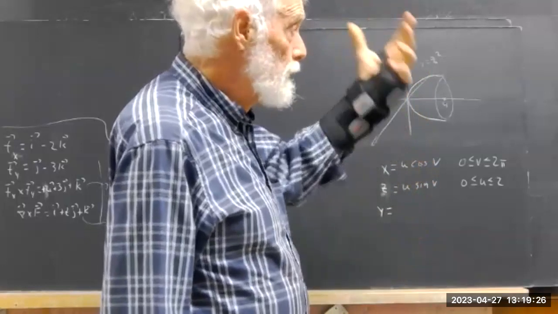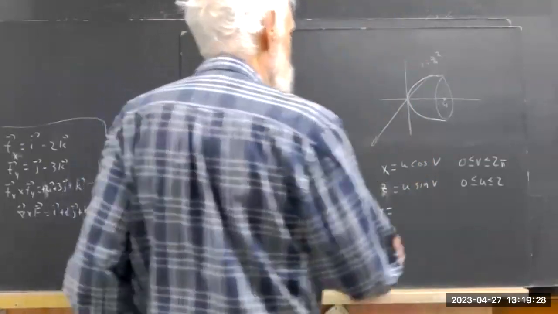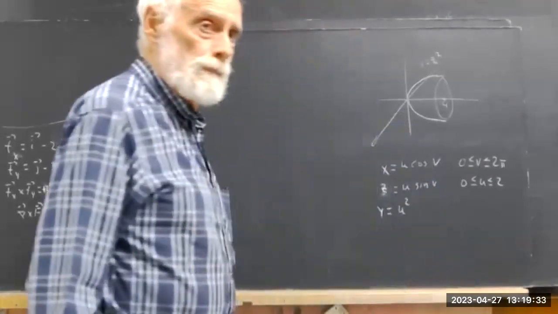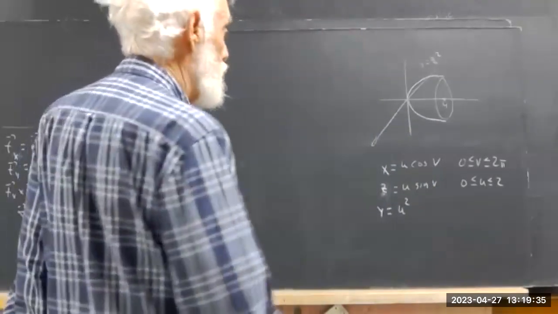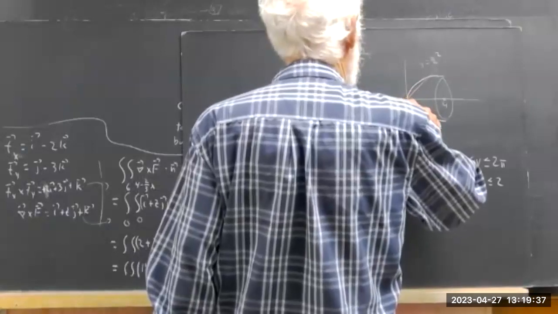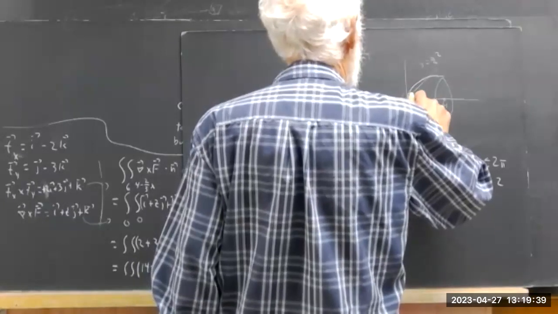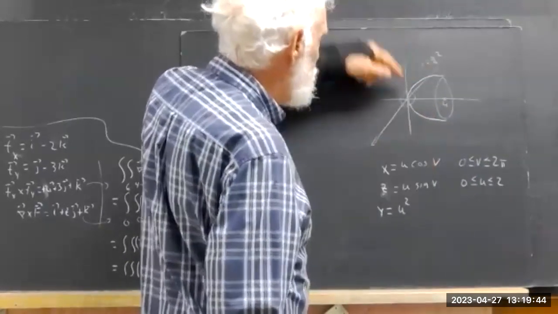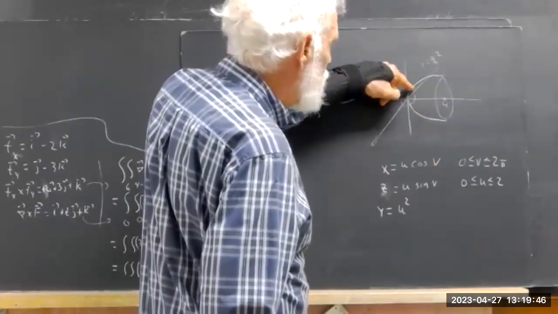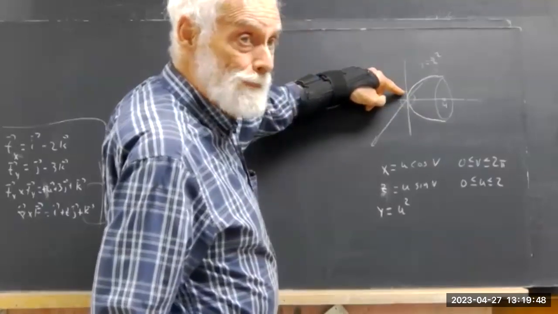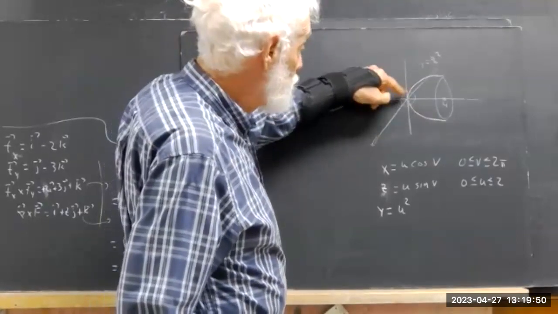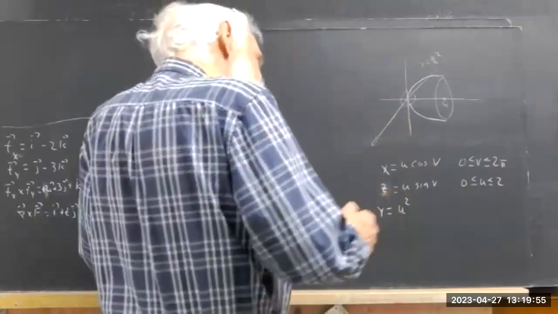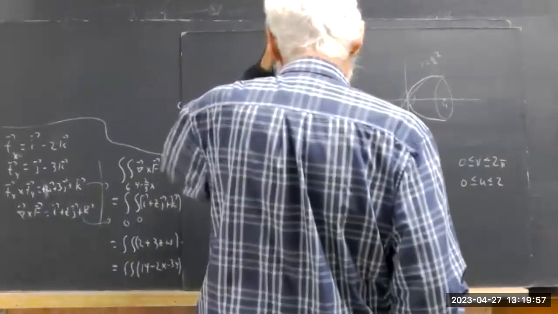Trying to find the words, since we don't want to draw a picture. y is going to equal u squared. So there's any little circle in there. If you do this in the yz plane, then y is going to equal z squared, right? And z is just the radius of this little circle, which is u. So I think that's okay.